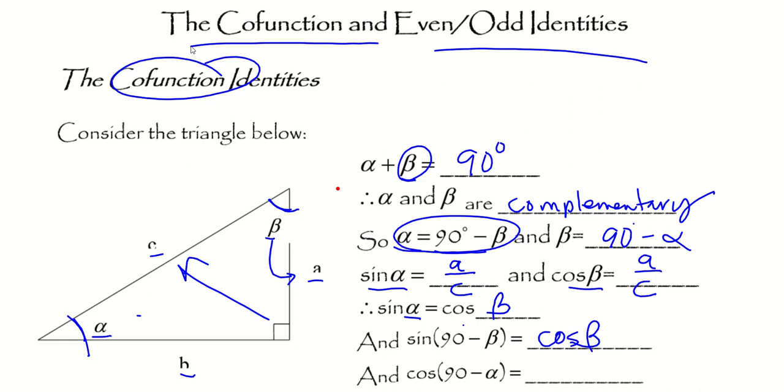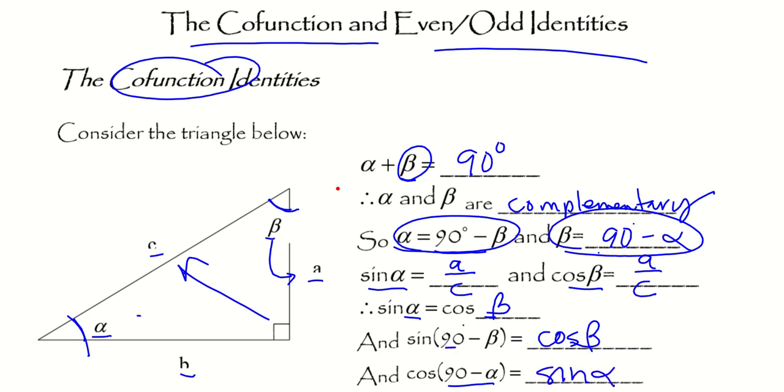And if beta is the same thing as 90 minus alpha, then the cosine of beta would equal the cosine of 90 minus alpha, and that would be the sine of alpha.